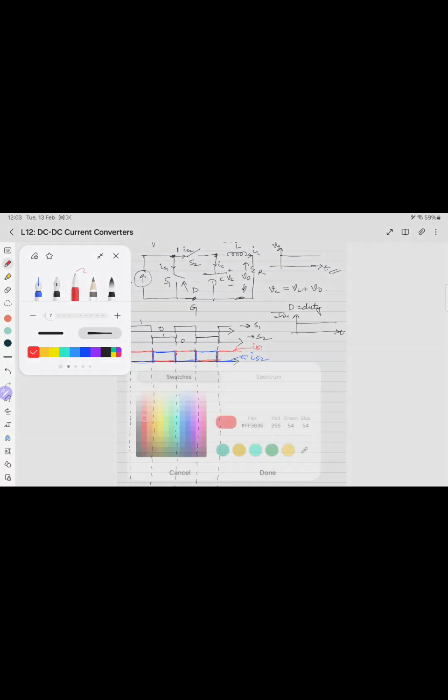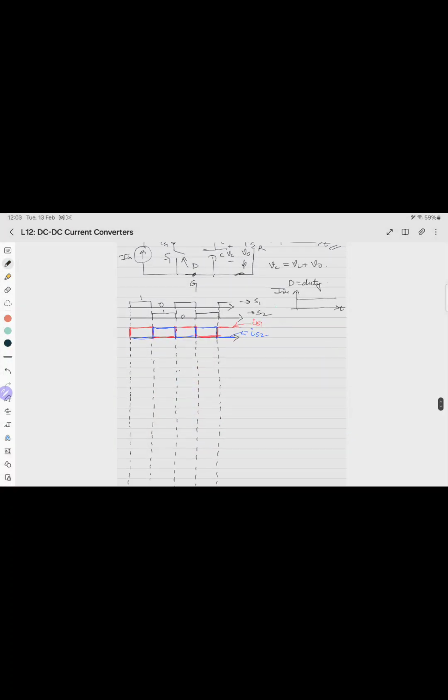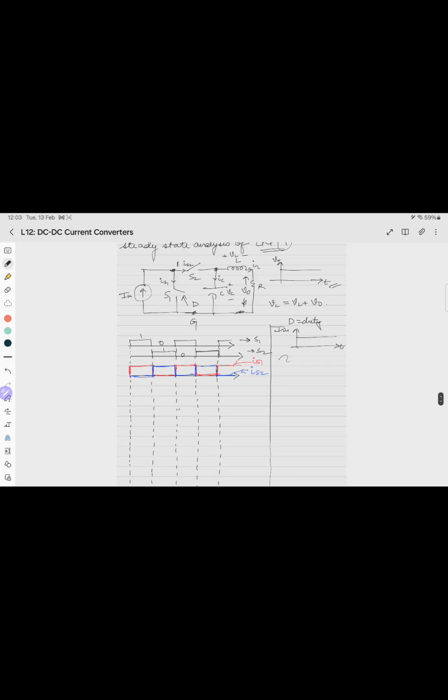Now I'll quickly write an equation. I'll solve the equation on this side. The equation is IS2, which is IC plus IL.